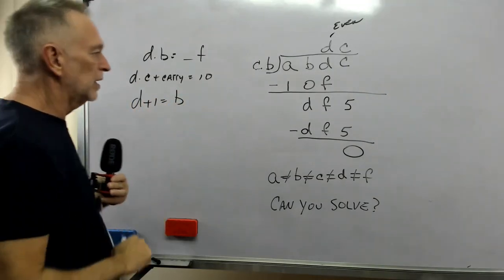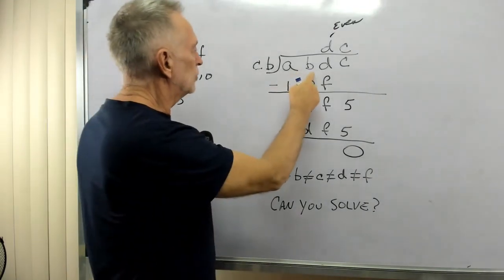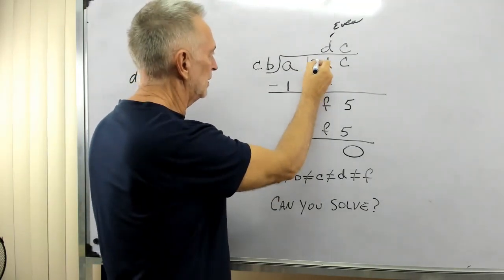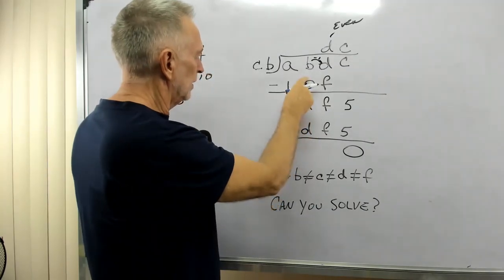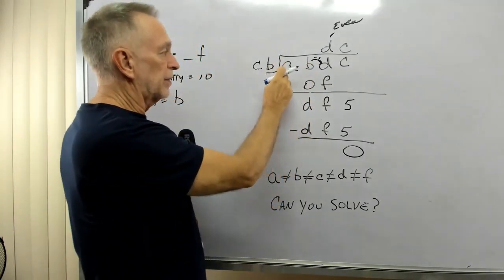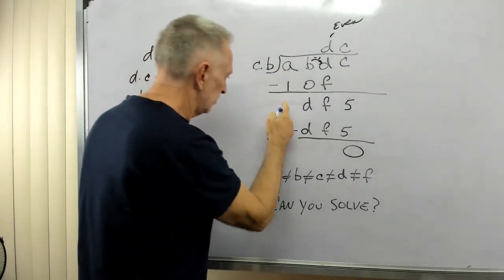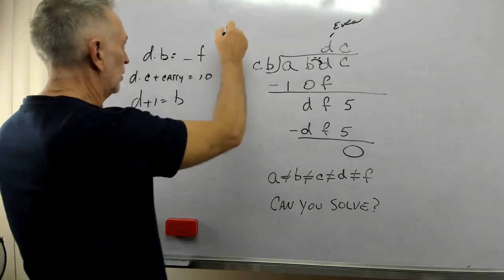So B minus 1 equals D. D plus 1 equals B. All right. So since I'm not subtracting anything, I've taken the minus 1 here, so I'm not borrowing anything from A. A minus 1 equals 0. There's my first big clue.